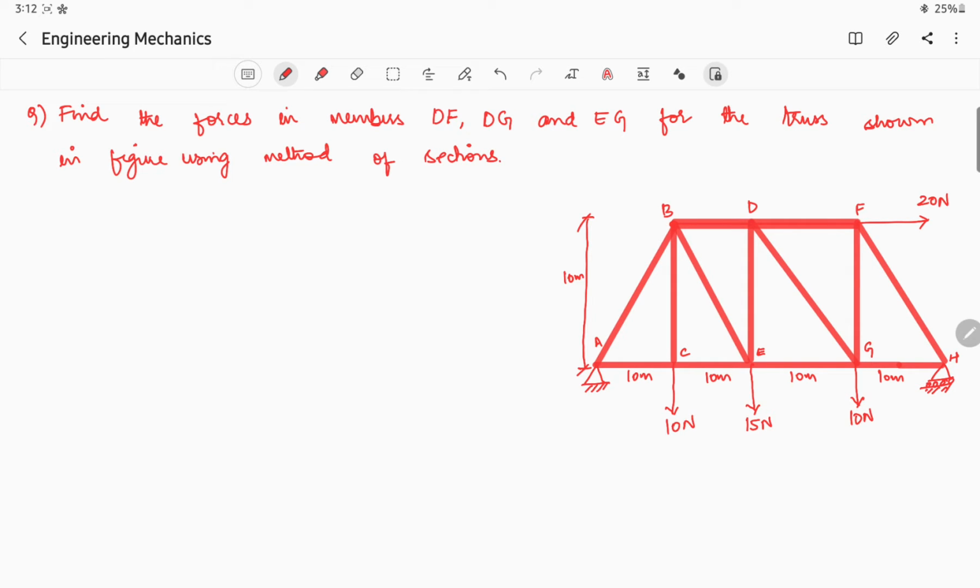One method is the method of joints, which we have seen in previous classes. Now this method is the method of sections.